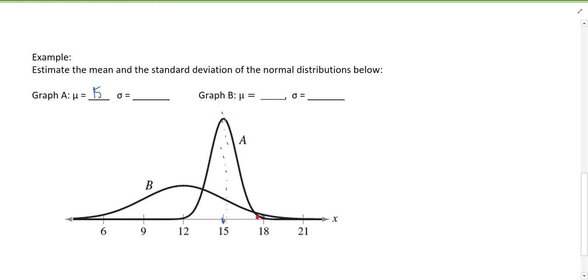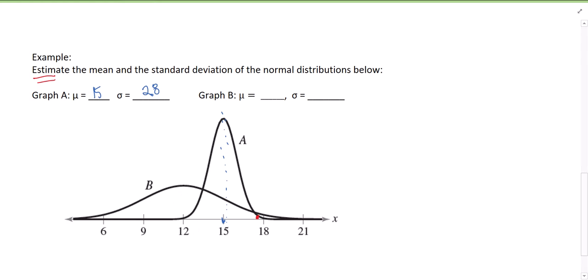Since we're just estimating, you could probably say that it does happen at 18. It appears to happen a little bit less than that. So I'm just going to say that my estimate for the standard deviation is 2.8. If you said it's 3, that's fine. We're just estimating here.